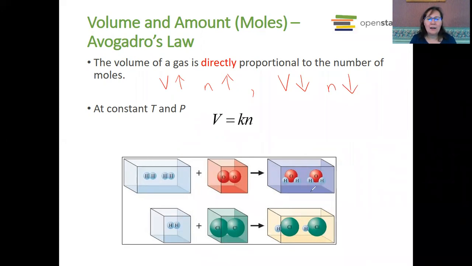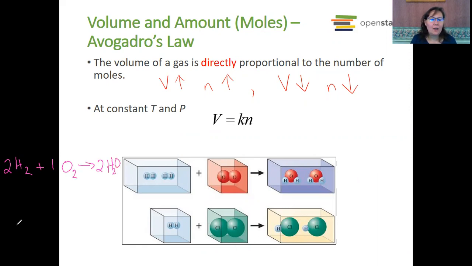So this first equation, and I'll come over here actually, shows 2 hydrogens plus 1 oxygen yields 2 waters.